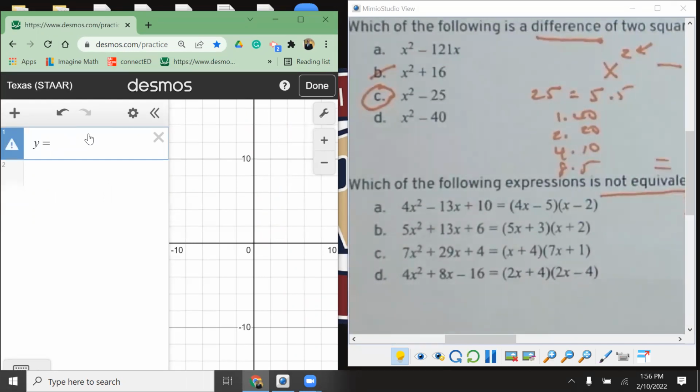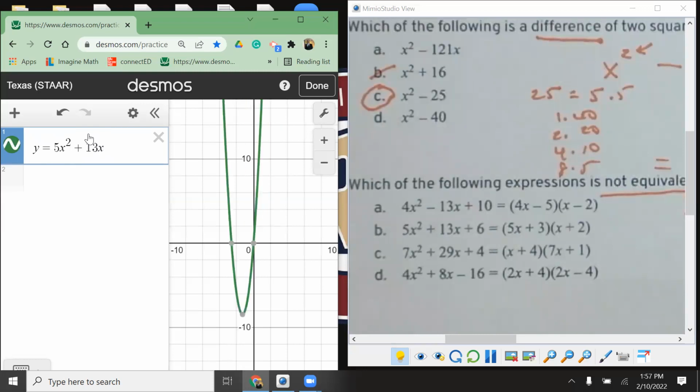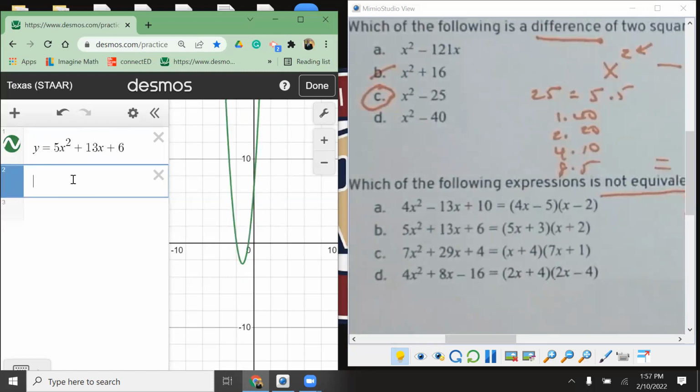So y equals. There's that parabola. Now I'm going to type this one in.